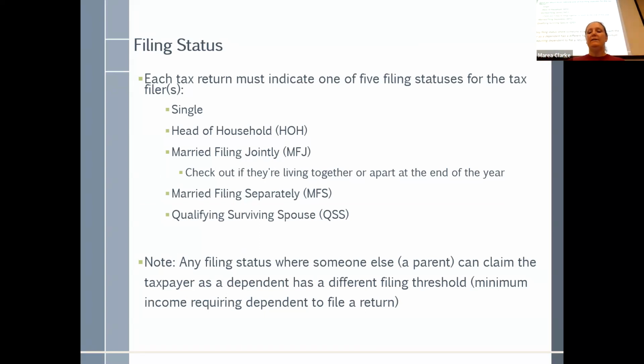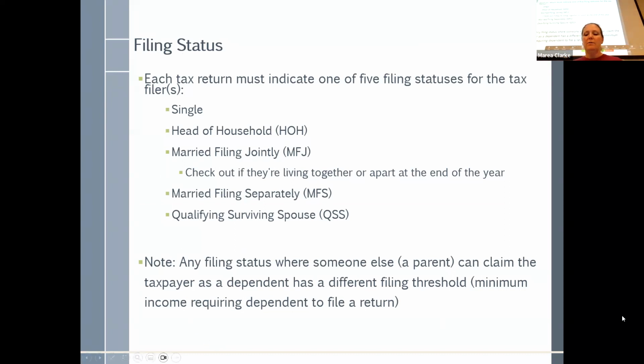Each of those different categories impacts their tax return. For a married filing jointly individual, one of the things that we need to know is if they live together the entire year or not, or live together at the end of the year, pardon me.